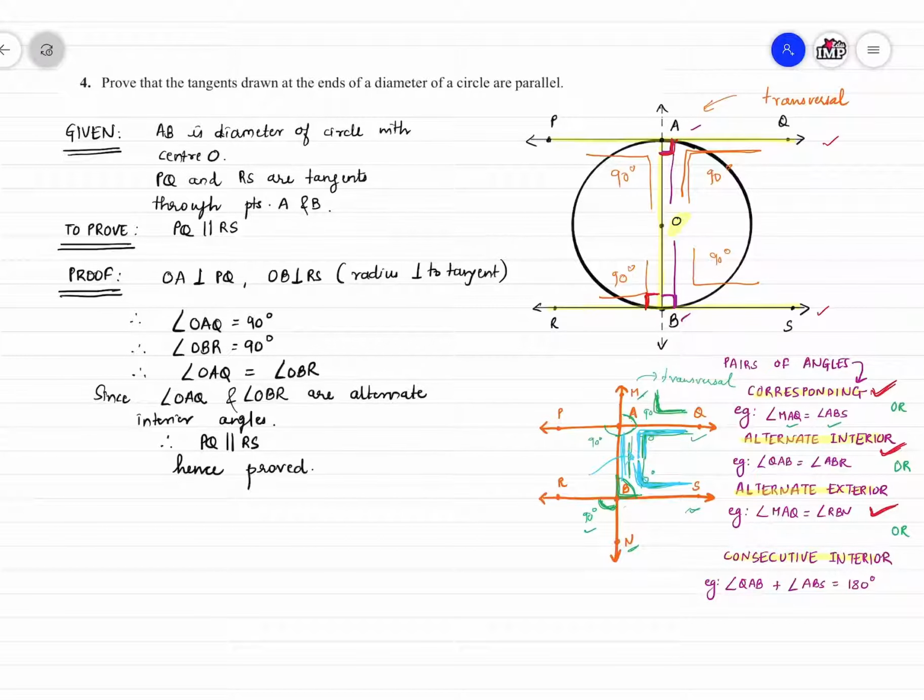They are side by side, consecutive to each other. And if the measure of this angle is 90, this is also 90. If I add them, it is equal to 180. So using a pair of consecutive interior angles which are supplementary, I can say that PQ is parallel to RS. So you can use any of the properties, and there are not just these pairs that I covered. There are multiple examples that you can have in this particular sum and prove it. That covers it, and we are done with problem sum 4.